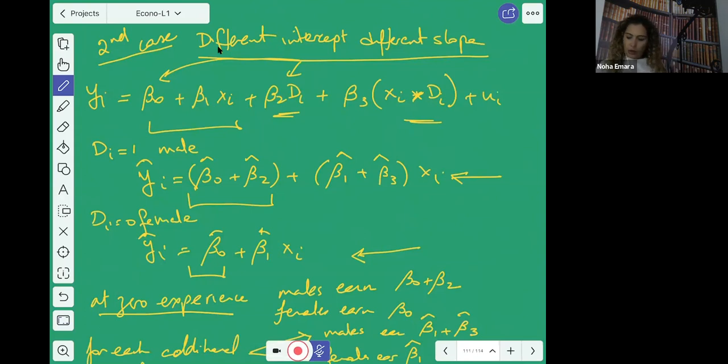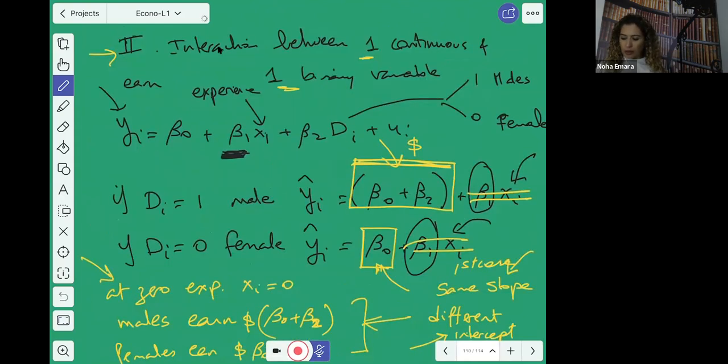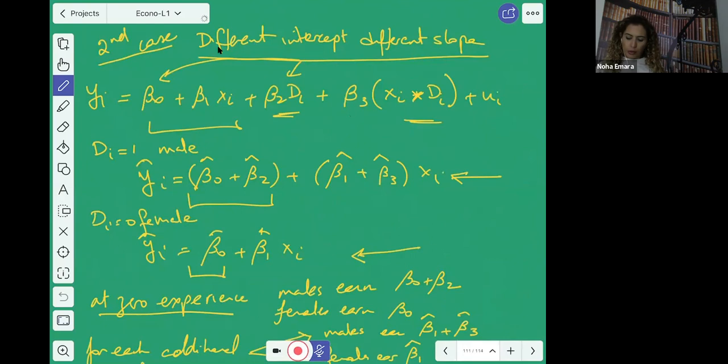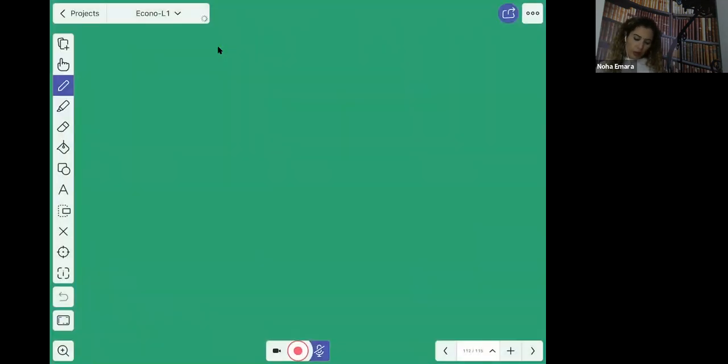All right, so let's talk about the third case. We discussed the first case where I have the same slope, different intercept, then different slope, different intercept. Now, what about case 3, where I have same intercept, different slope?